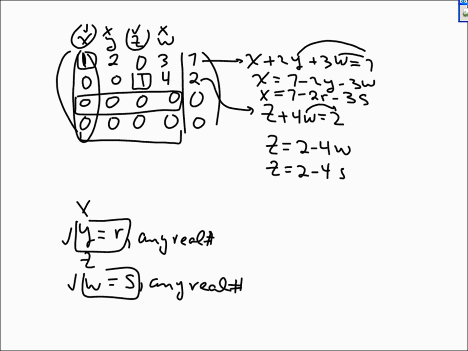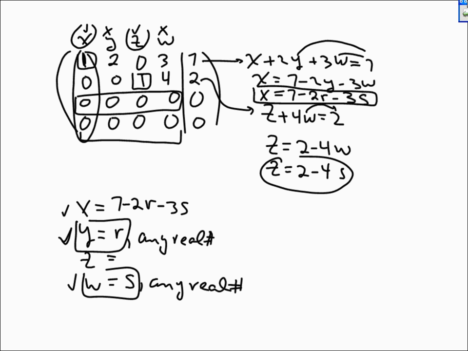Okay, so I have my 4 answers. X is equal to 7 minus 2r minus 3s. Y equals r. Z is equal to 2 minus 4s. And w is s.